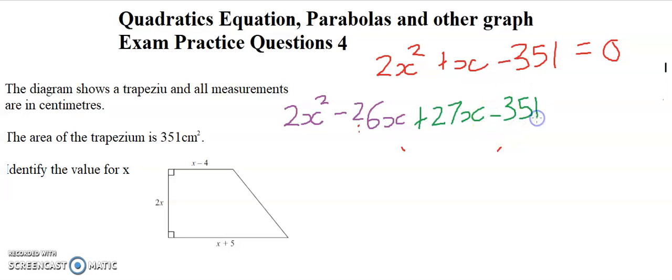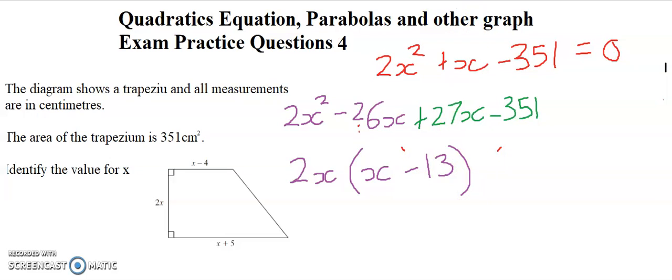The next thing I need to think about here is a common factor. If I've got 2x squared minus 26x, a common factor here is 2x. 2x squared divided by 2x equals x. 26x divided by 2x equals 13.